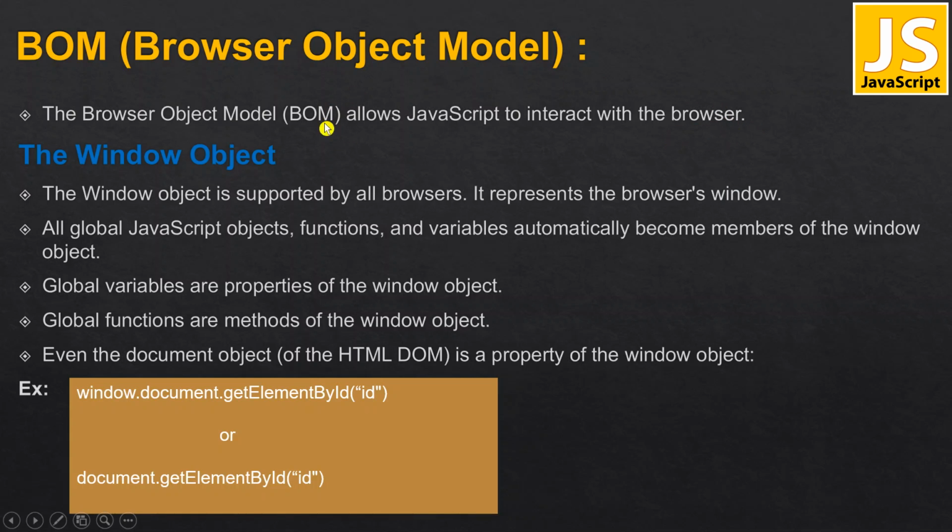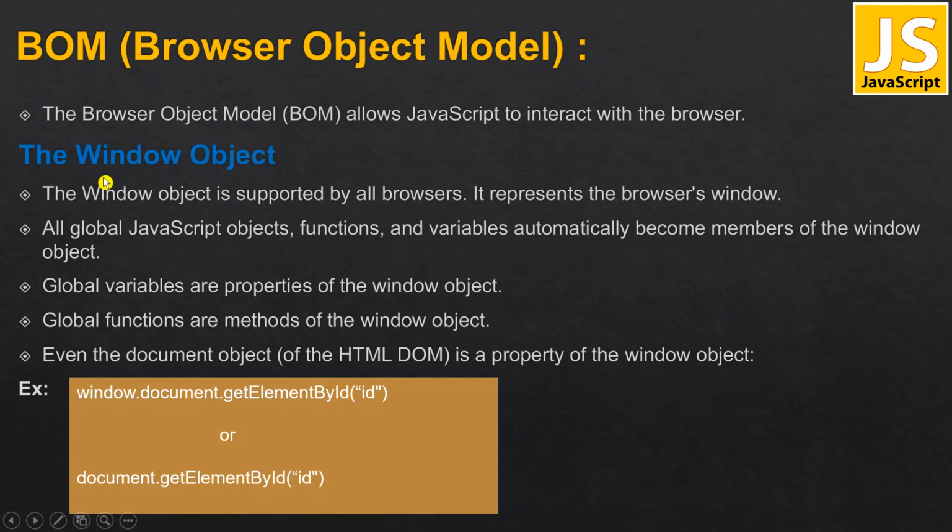Similarly, BOM, that means browser object model, allows JavaScript to interact with the browser, that is our physical browser. It treats that browser, a window type browser that comes in front of us.